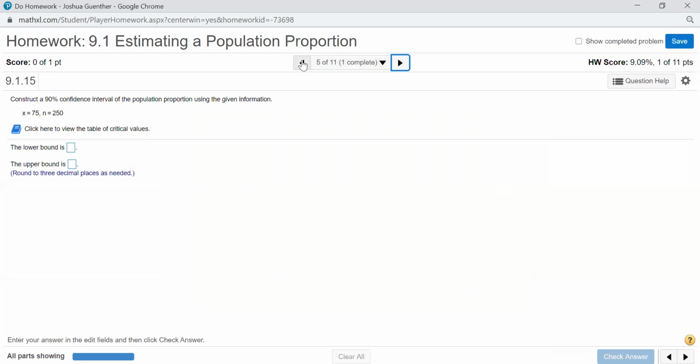Pretty easy. Construct a 90% confidence interval for the population proportion using the given information. X is 75, N is 250. Okay, this one's not going to be so bad.